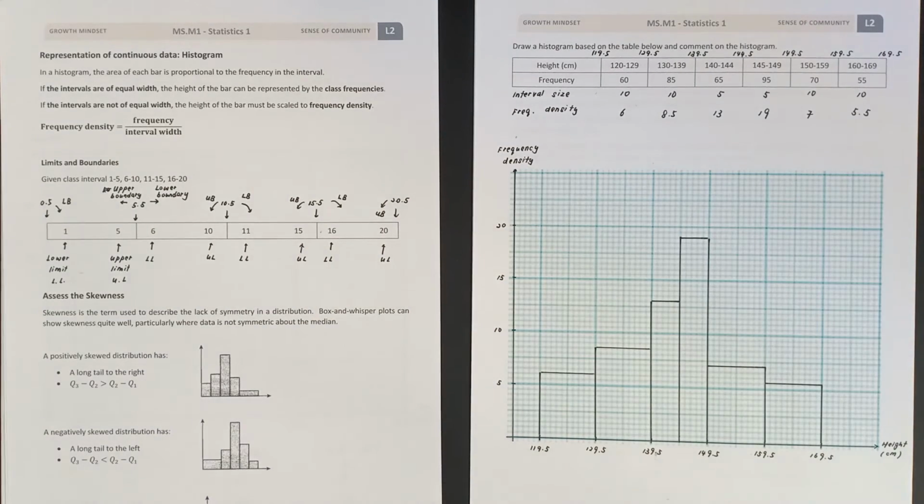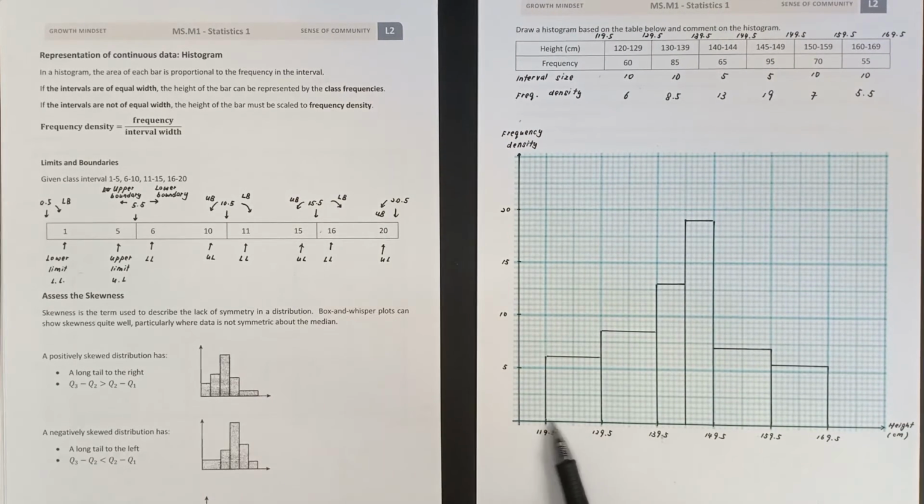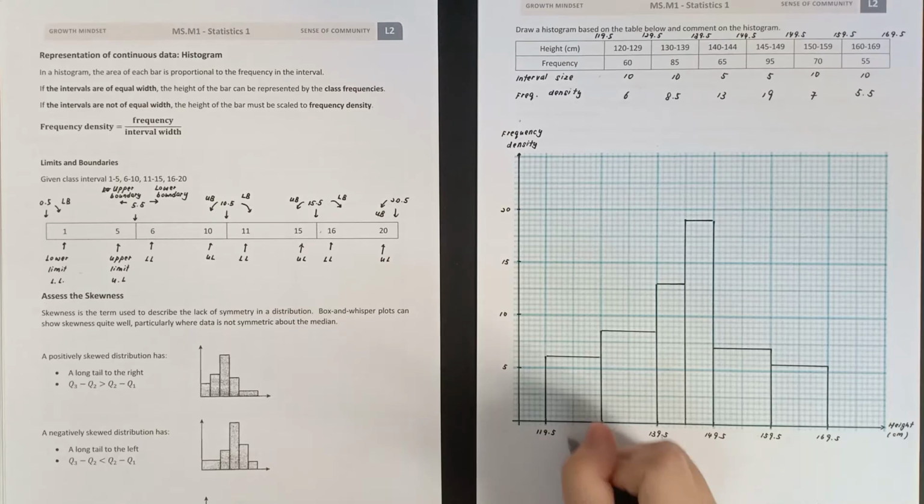So when you check the proportion, this is how you get it back. The difference here is 2, so maybe 2 boxes, and then when you times 6, the area is 2 times 6, and then here is 2 times 8.5.